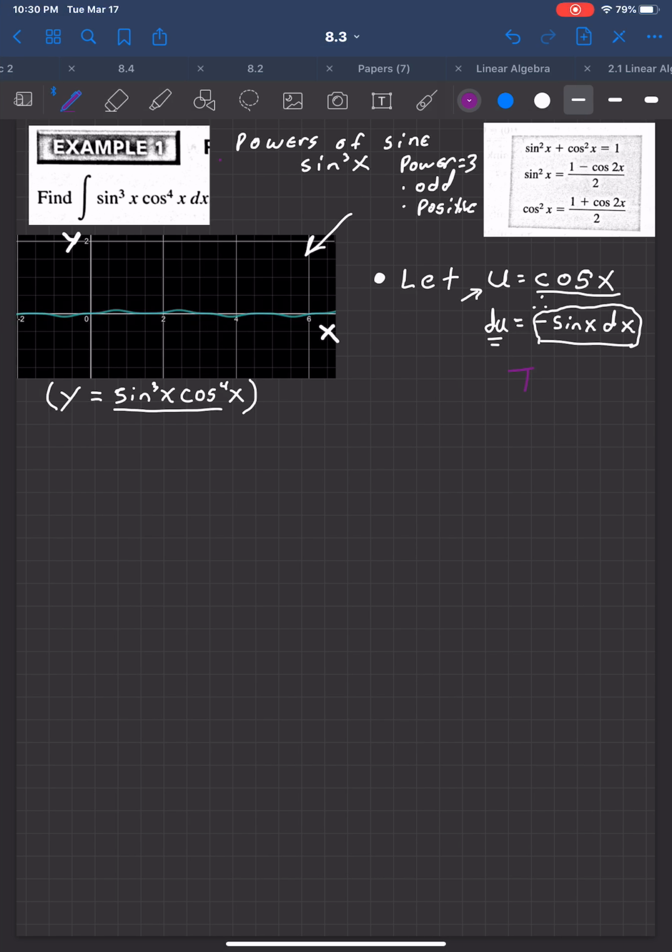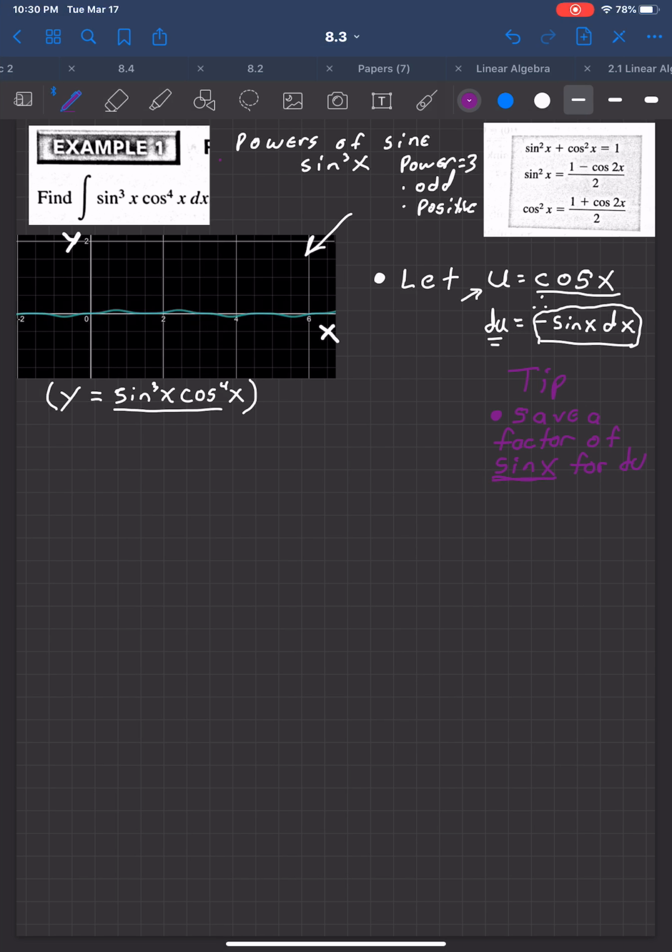My tip is to save one factor of sine of x for the du.